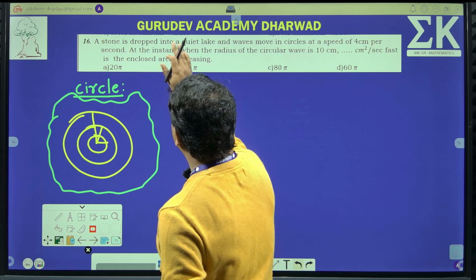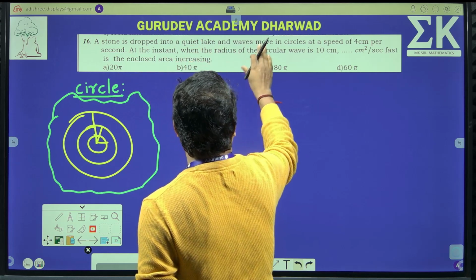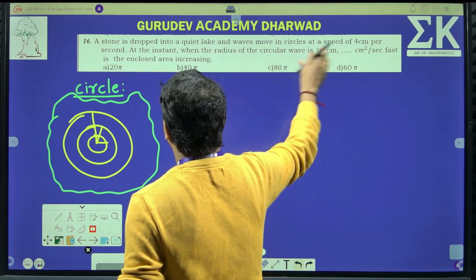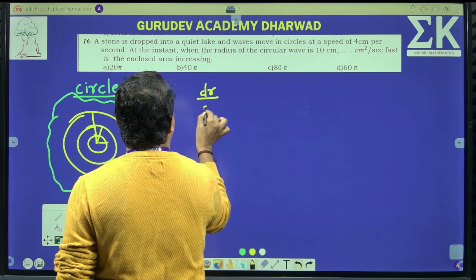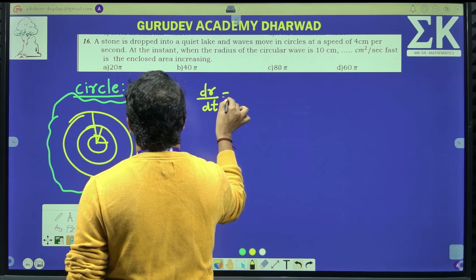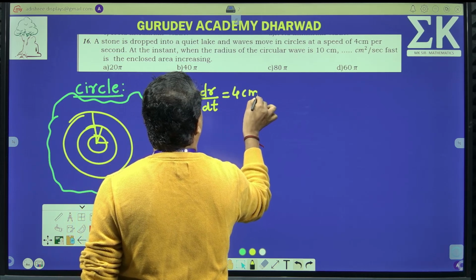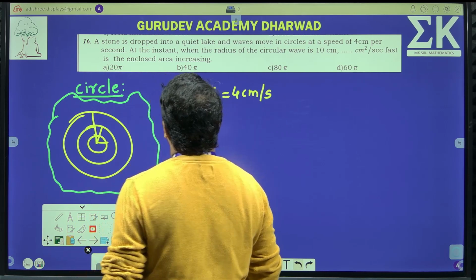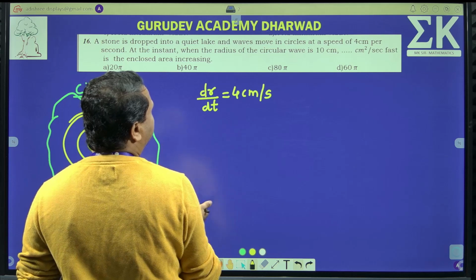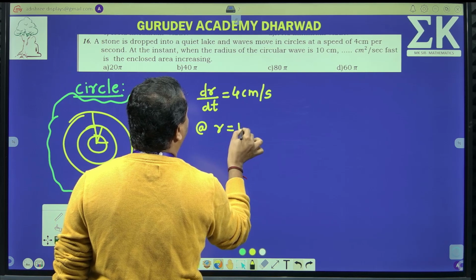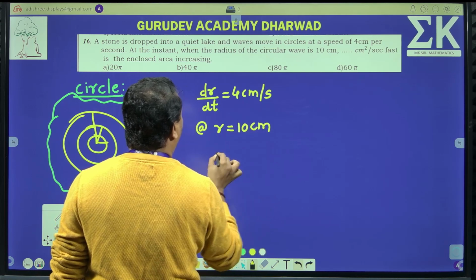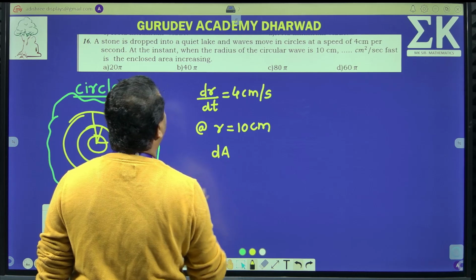So what has he given in the problem? A stone is dropped into a quiet lake and waves move in circles at a speed of 4 cm per second. Means dr by dt, the rate of change of radius, is given as 4 cm per second. At the instant when the radius of the circular wave is 10 cm, at r is equal to 10 cm, what is the rate of change of area?